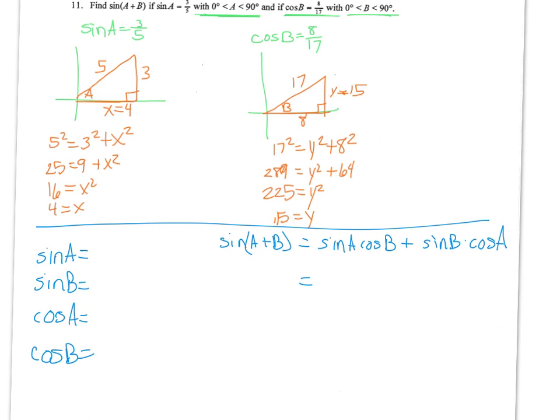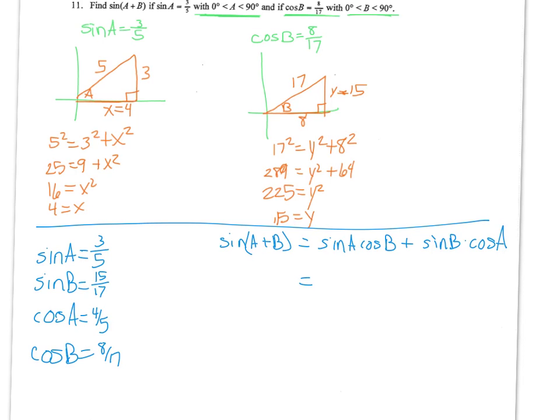Sine of A, looking at triangle A, it's opposite over hypotenuse, which is 3 over 5. For sine of B, looking at triangle B, it's opposite, which is 15, over hypotenuse, which is 17. Cosine of A is 4 over 5. Cosine of B is 8 over 17.